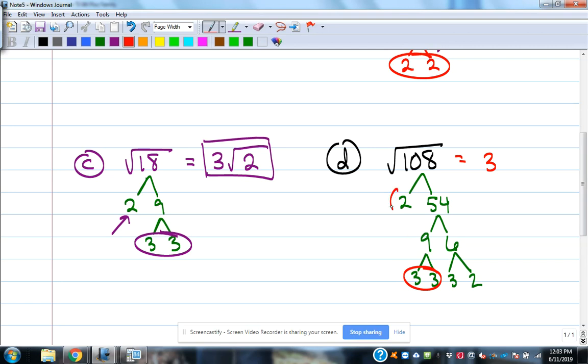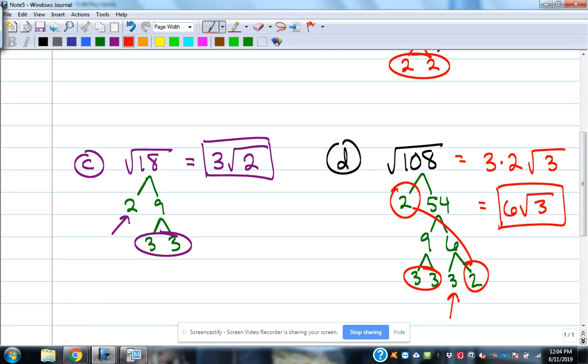I have a pair of 2s. Those 2 guys go together. So I put a 2 on the outside, and I multiply it times that 3 that I've already got out there. This 3 right here doesn't have a partner. So he goes back on the inside. So that's going to be 6 square root of 3. Anytime you bring more than one thing out, you multiply it together.